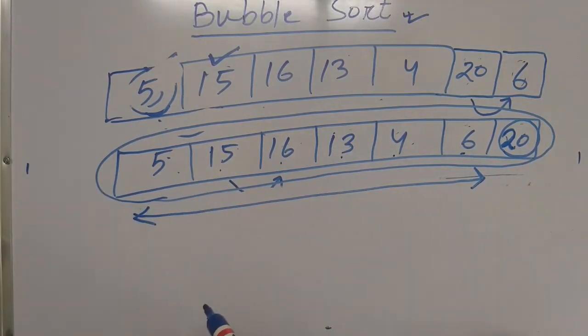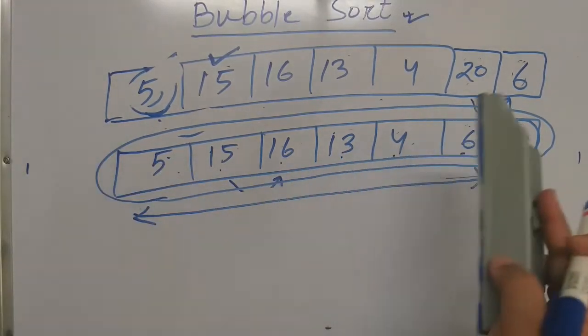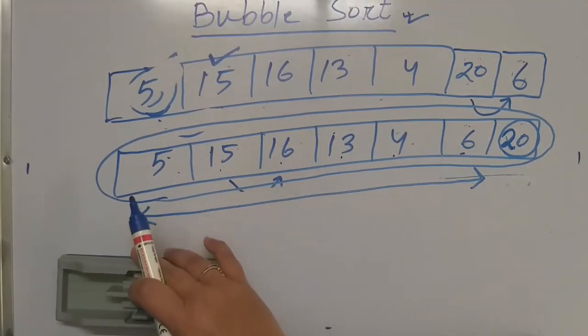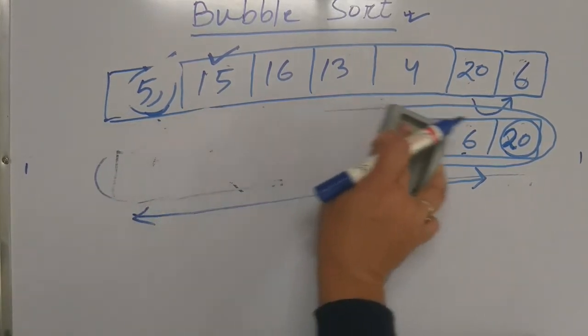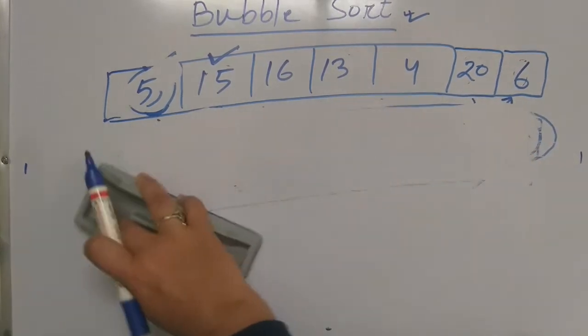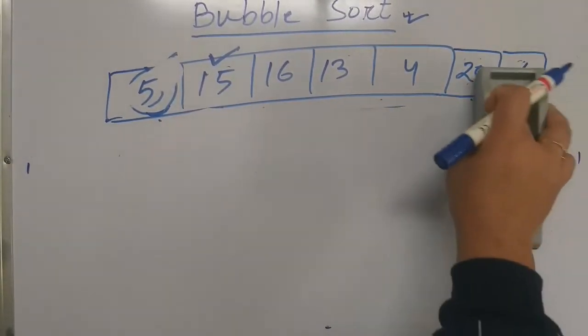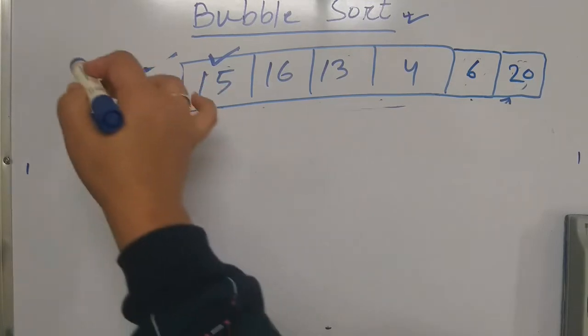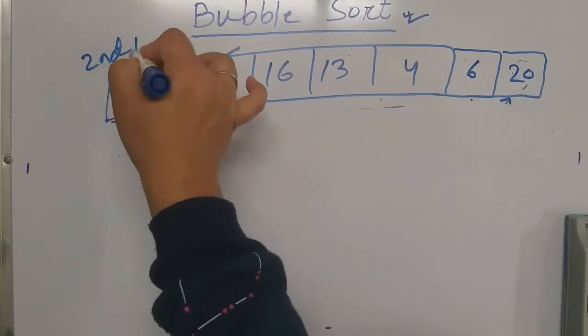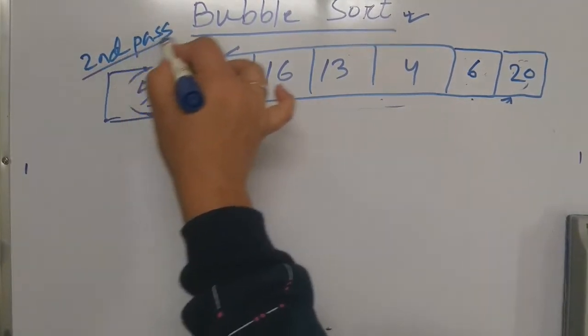For the next pass, the second pass, the input is this list. If we write this in the above list, here 6 and 20. For the second pass, this is the next input.